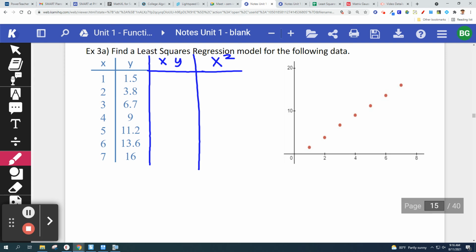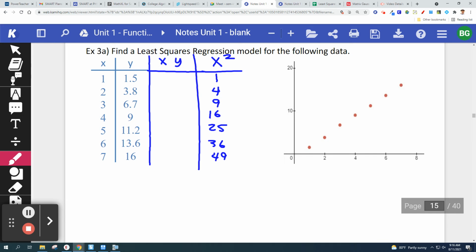Just look at the X number and square it. 1 squared is 1, 2 squared is 4, 3 squared, 4 squared, 5 squared. Try to keep them lined up. 6 squared, 7 squared. I don't need a calculator for that part. But you will want a calculator for that third column, X times Y.